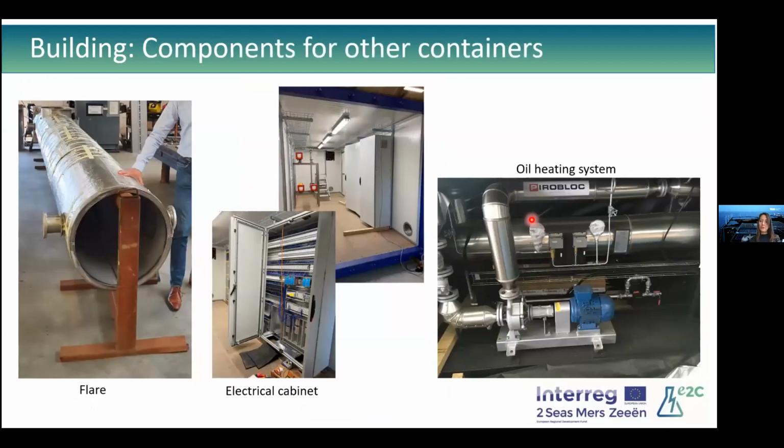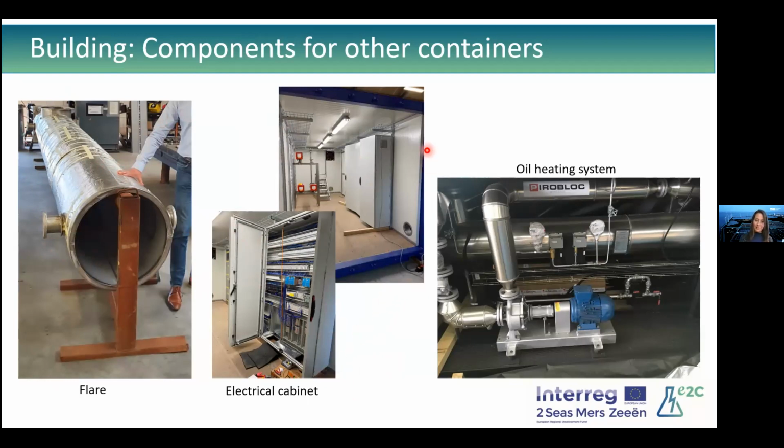Then some other pictures of other components that will be part of our pilot unit. This is the flare. Here you can see a hand of a person, and you can see that it's also quite large already. You should take into account this is a 3 kilogram an hour pilot. So it will only grow probably, but not as much perhaps.